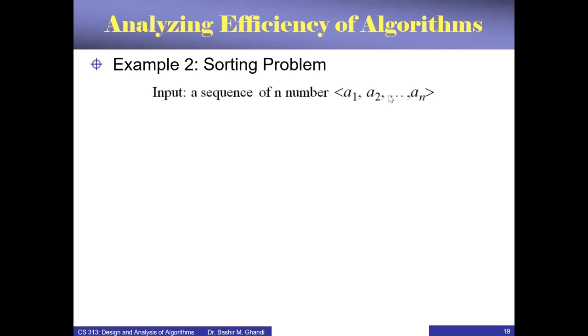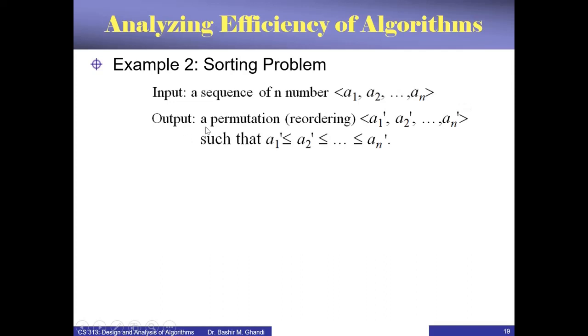So here is the statement of the problem. Given the input as a sequence of numbers, a1, a2, and so on until an, we want the output to be a permutation or reordering of these numbers into a1 prime, a2 prime, and so on until an prime, where a1 prime is less than or equal to a2 prime, that is less than or equal to a3 prime, and so on until the last one.